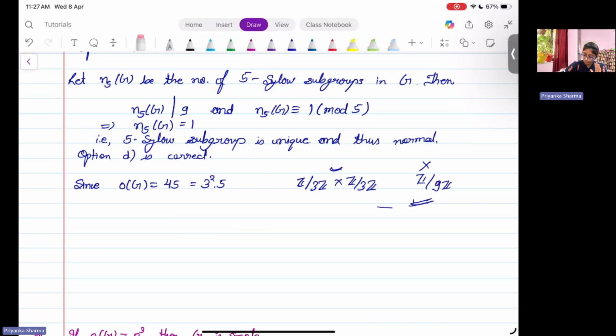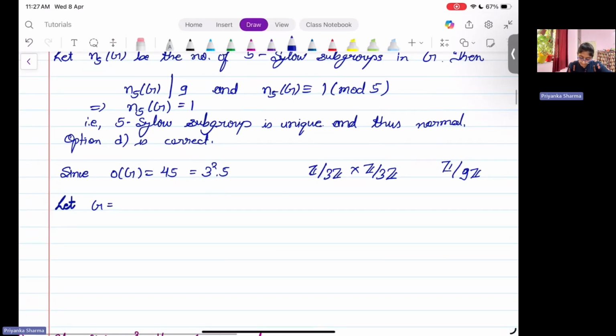So to do this, we can write the group G as a direct product of two groups. And the first group in the direct product must have a subgroup of this form.